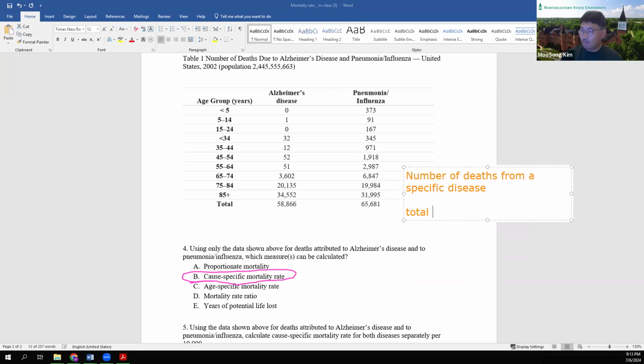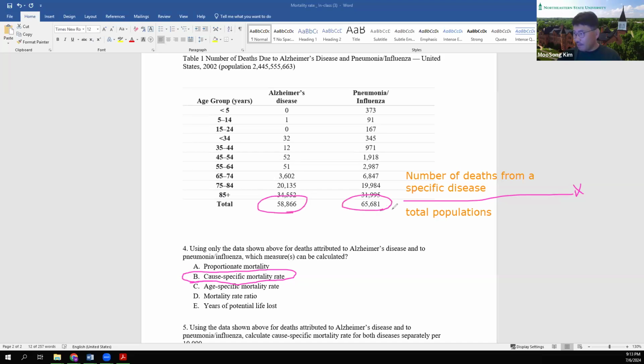Total population. So that is the cause-specific mortality rate times a constant. Number of deaths from a specific disease: yes, we have this number.